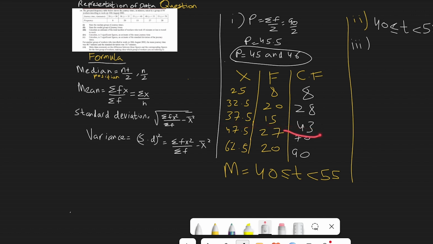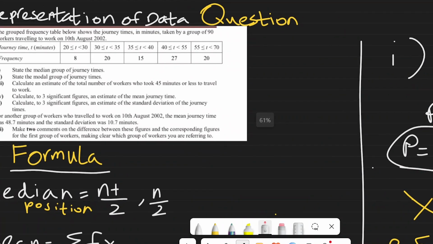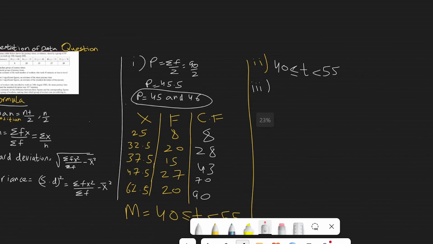Okay, and now we have some more than 43, because here we have 45. So till 40 we had 43 workers, right?